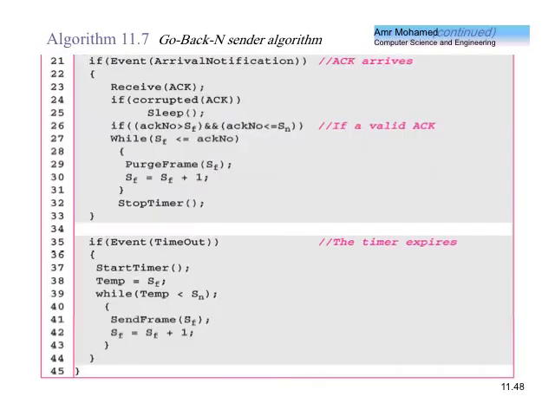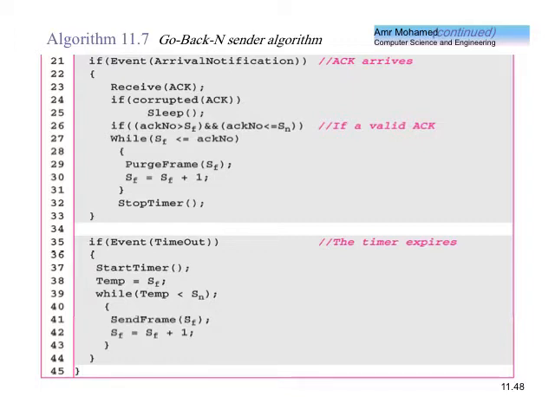Okay, so the second event, the arrival of an acknowledgement. What we need to do for the arrival of the acknowledgement is that, again, when I receive any packet, the packet itself might be corrupted, in which case I will just ignore it. Otherwise, if the acknowledgement number is within the window: is there a possibility that I receive an acknowledgement and it would be outside the window?